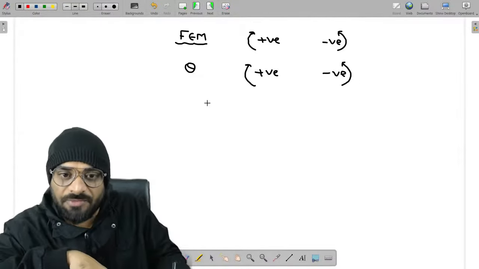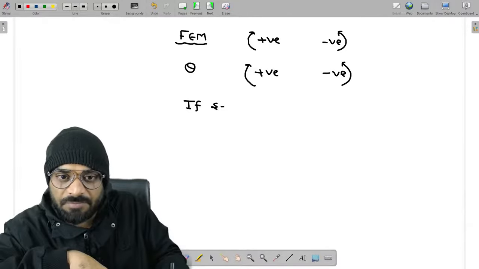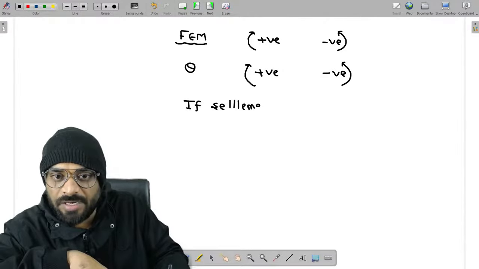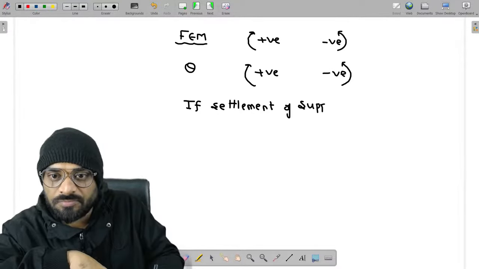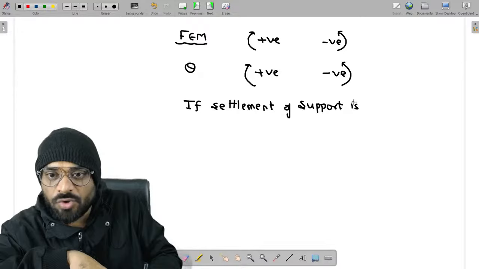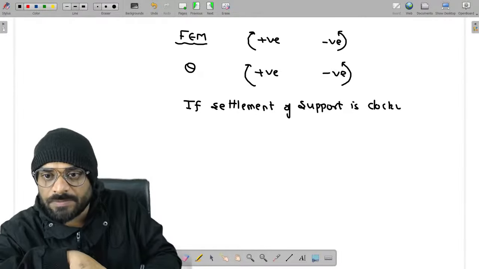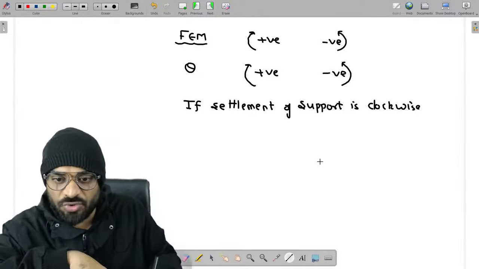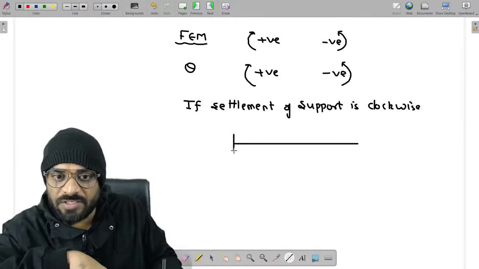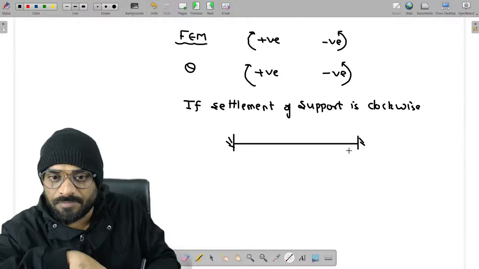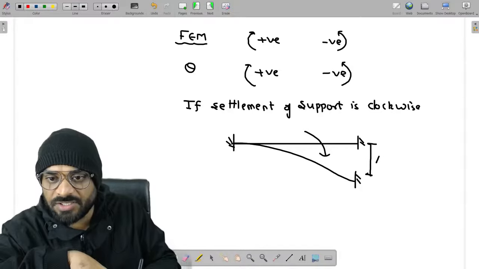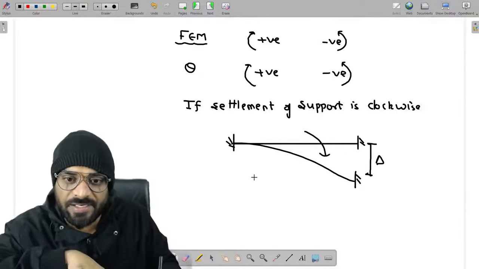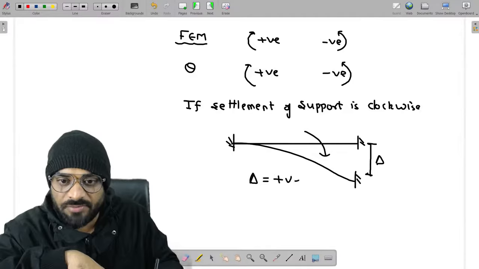Now, settlement of support, please remember this. Let us suppose the settlement is occurring in this way. That means the settlement direction is clockwise. Then please consider the delta value positive.